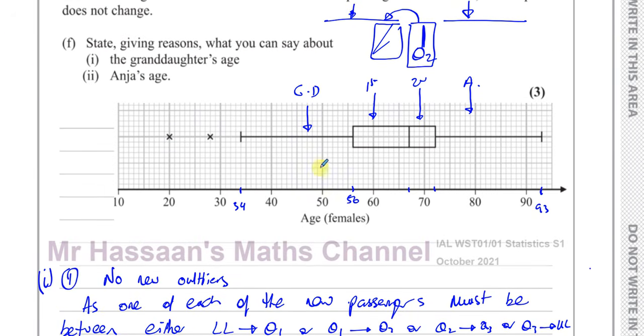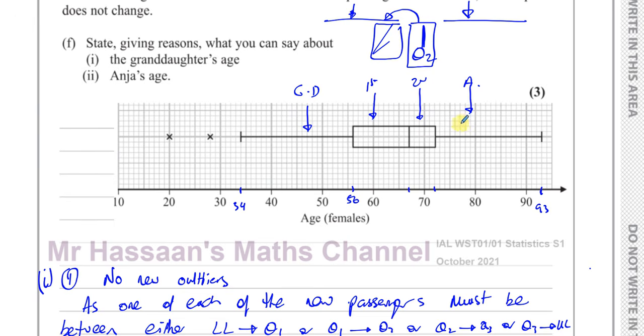Okay, so one of them each has to be in each of these categories. Otherwise, the lower quartile, median and upper quartile will change. They can't be an outlier, otherwise you'd have to add a cross to the outside of those whiskers. So there's only 4 of them. The granddaughter must be in this region, the first daughter in this region, the second daughter in that region, and the grandmother in this region.